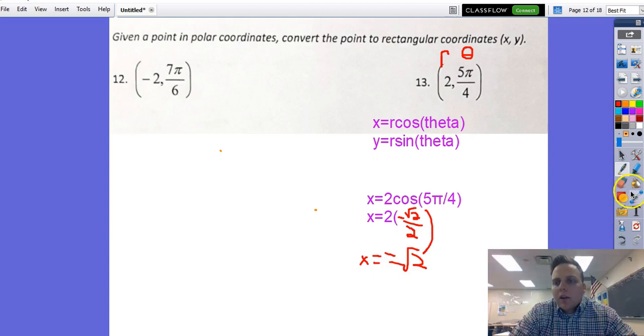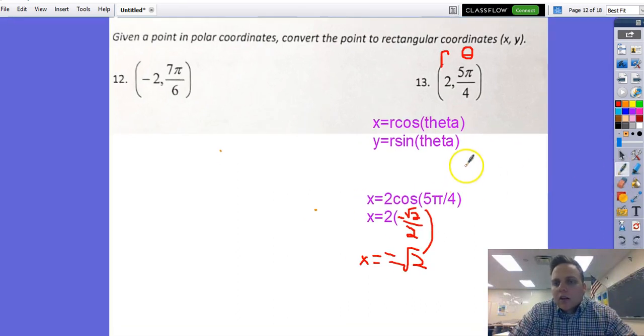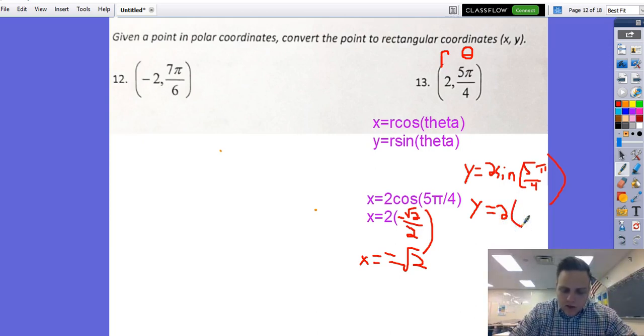Now we do the same thing with y. Y is equal to 2 sine of 5 pi over 4. I look at my trig chart, go to the sine column, and find 5 pi over 4 on the left side.